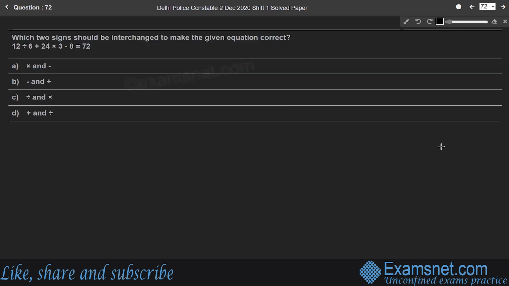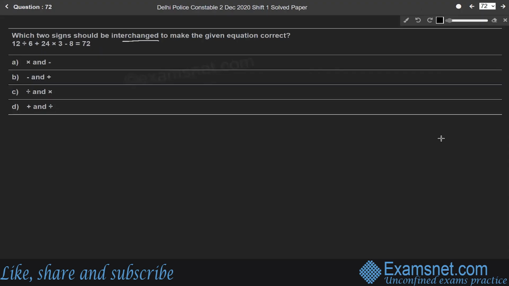Question 72. Which two signs should be interchanged to make the given equation correct? So here the given equation is like this. Let us start with option A. If multiplication and subtraction signs are interchanged, the equation becomes 12 divided by 6 plus 24 minus 3 into 8, which is equal to, according to BODMAS, start with division, right?